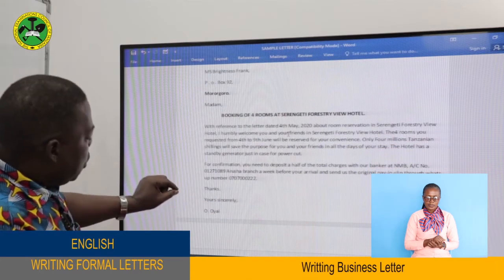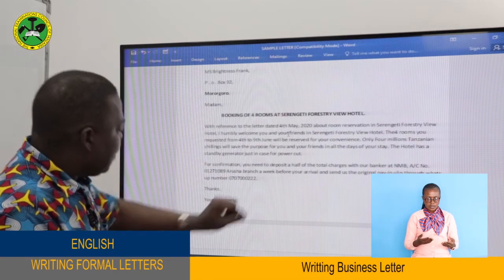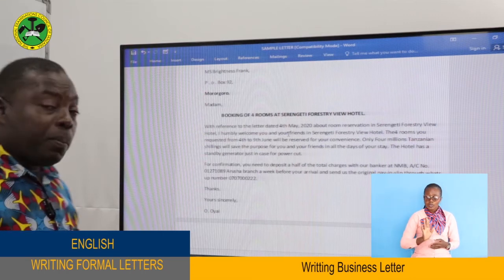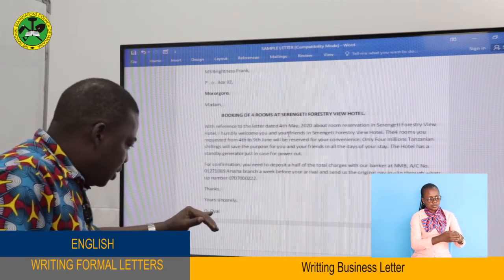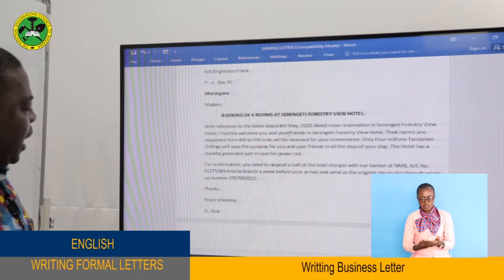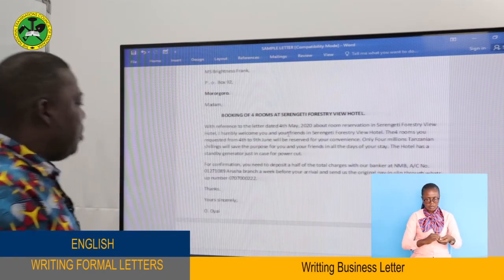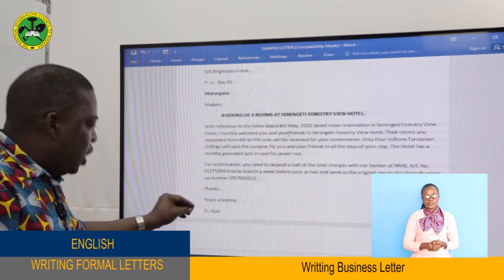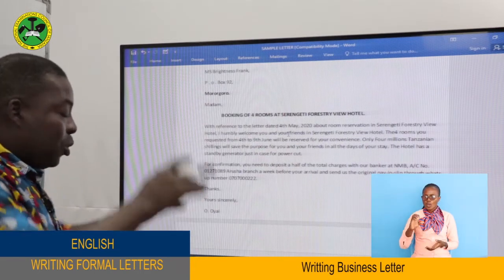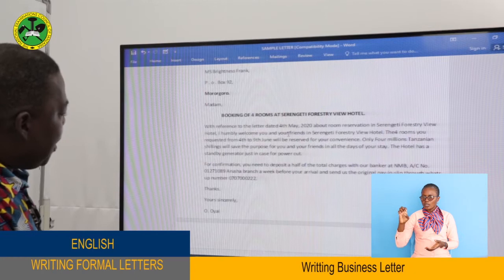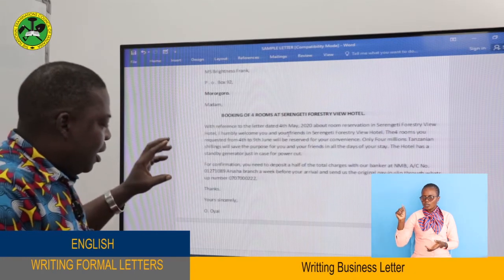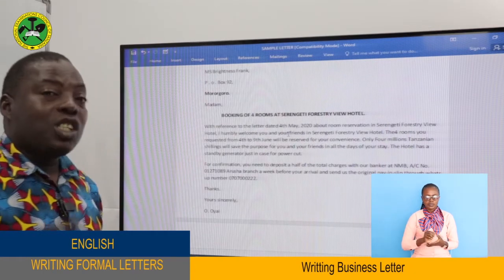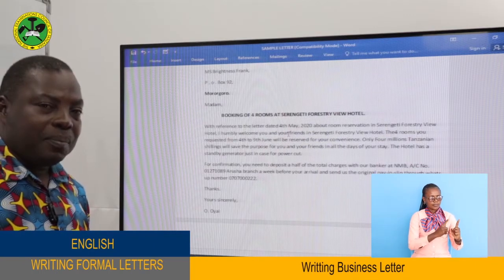Then you have Yours faithfully as a complimentary close, the signature, and there has to be a name, Ole Oyai, with a capital letter, as we said, because a signature has to be followed by the name.